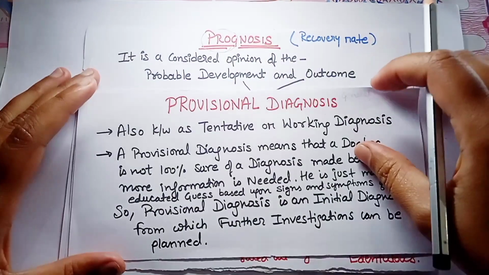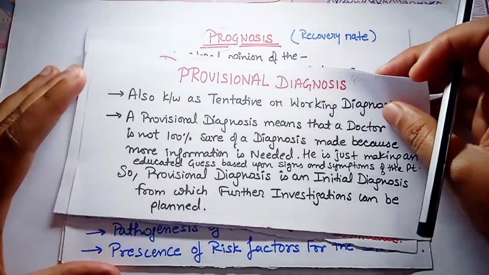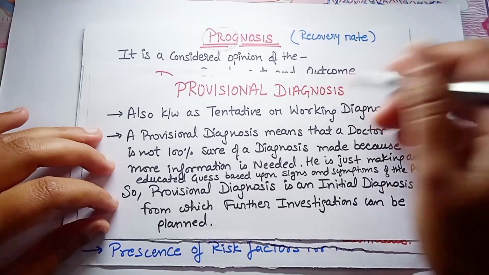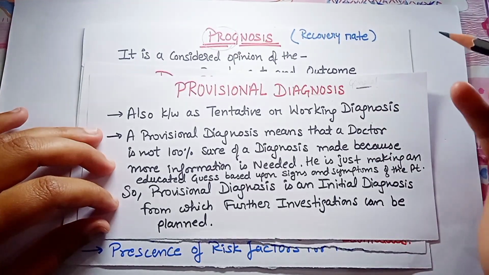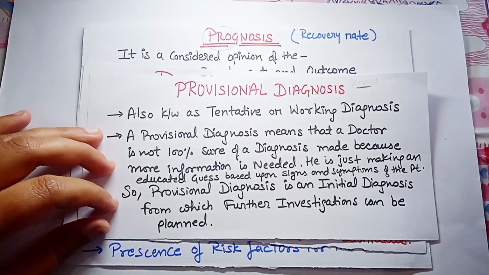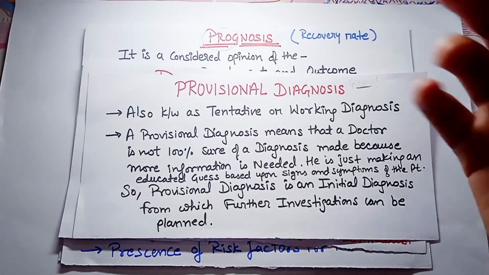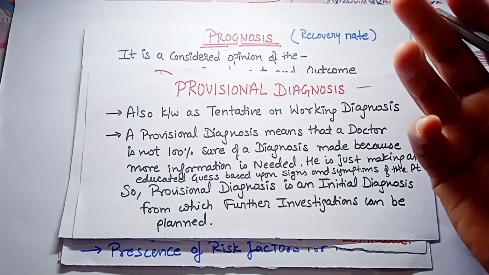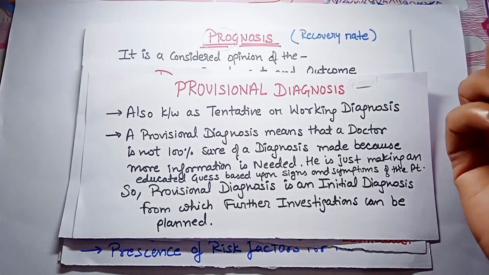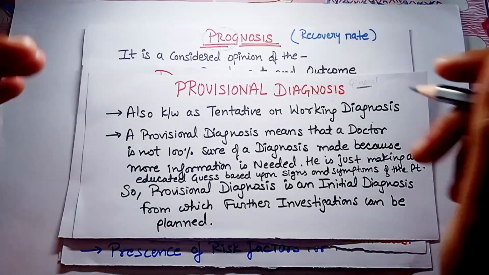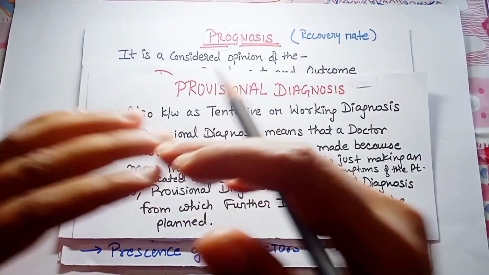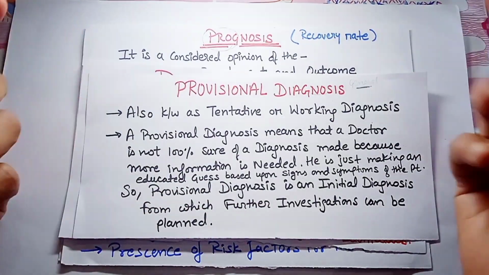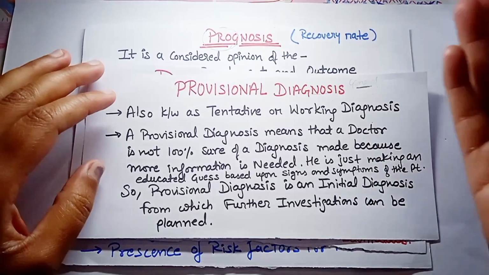Let's see what is provisional diagnosis. Provisional diagnosis means general diagnosis. It is also known as tentative or working diagnosis. Provisional diagnosis is an initial diagnosis from which further investigations can be planned. A provisional diagnosis means that a doctor is not 100% sure of a diagnosis made because more information is needed.